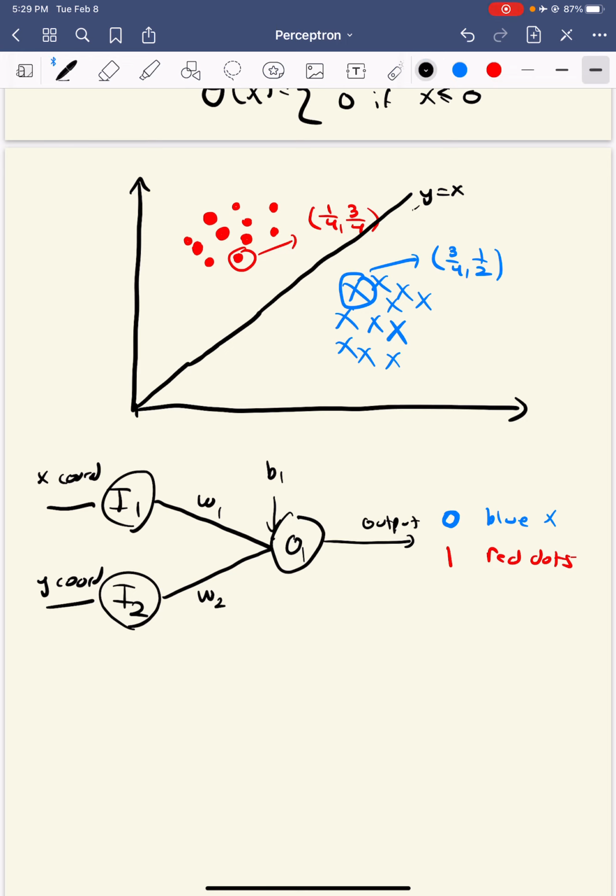Let's look at it this way. If y minus x is less than or equal to 0, I want blue. And if y minus x is greater than 0, I want red.